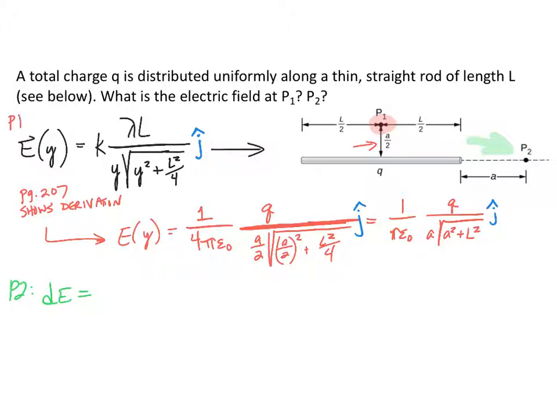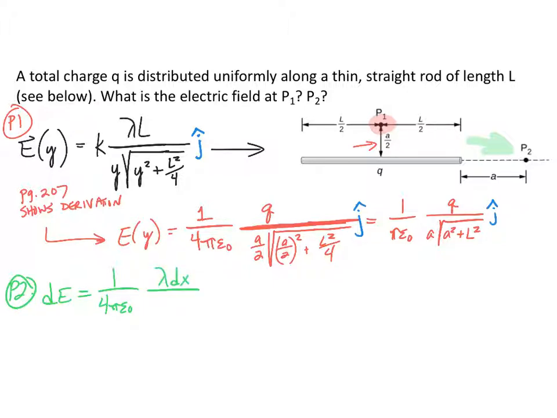This is for P1, this is for P2. The chunk of charge here, or not charge, but field, expanded form of Coulomb's constant, little k, will be lambda dx.